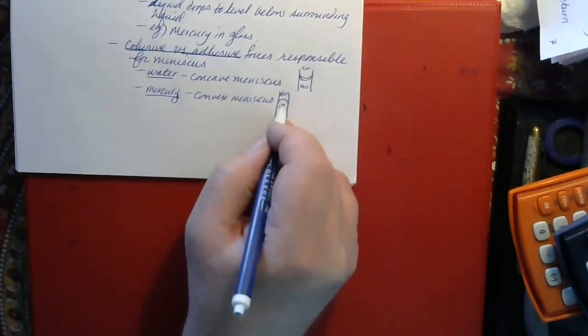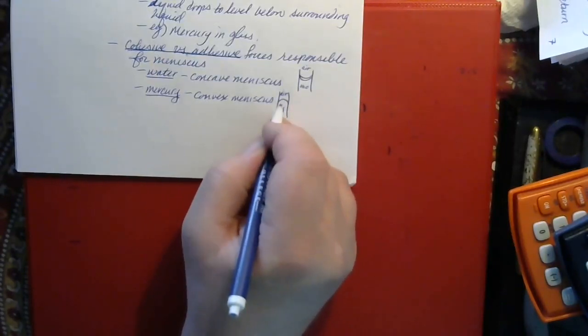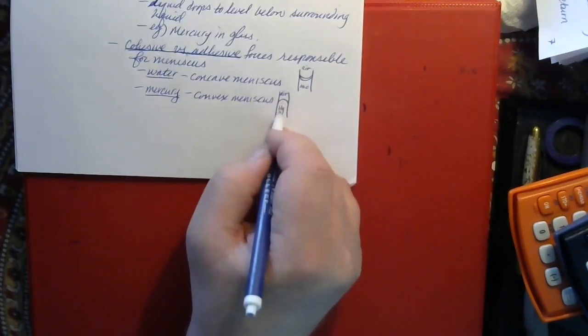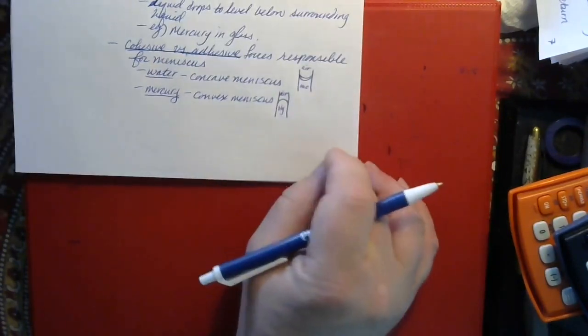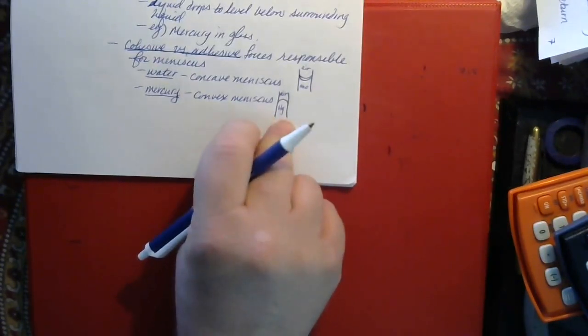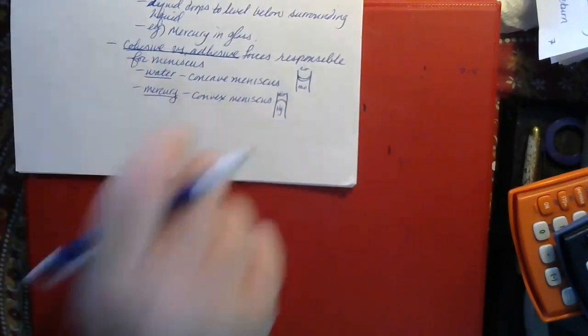So in this case, the cohesive forces trying to bring mercury atoms up the center of the tube are actually stronger than the adhesive forces trying to bring mercury atoms up along the edges of the tube. And so the middle actually goes higher than the edges do. And so that's a result of cohesive forces being greater than adhesive forces. Would be mercury.